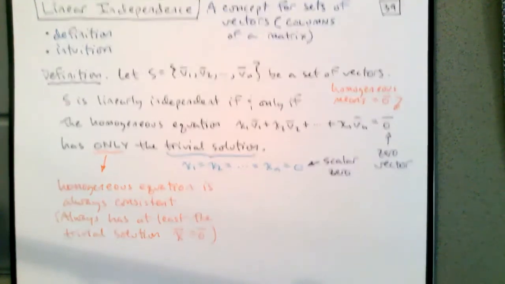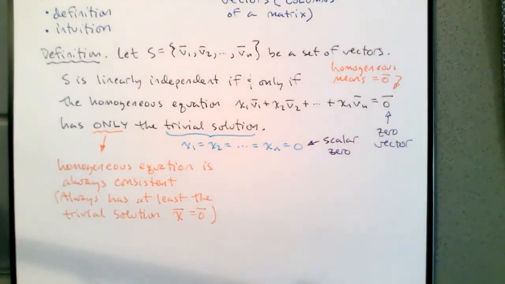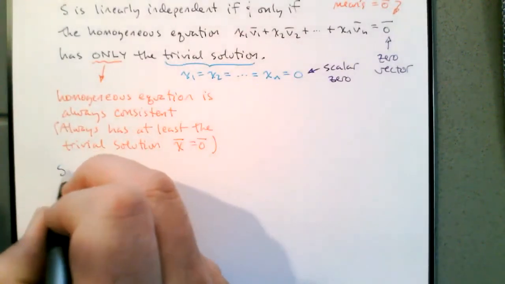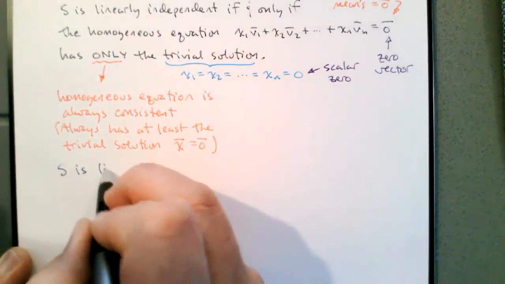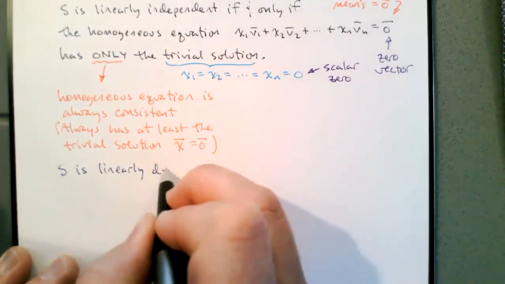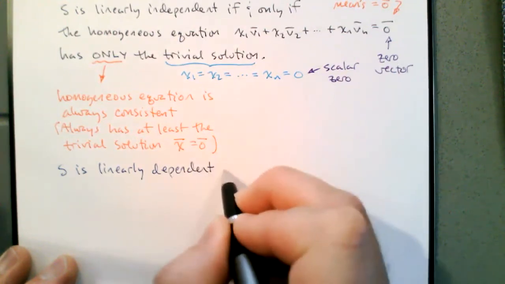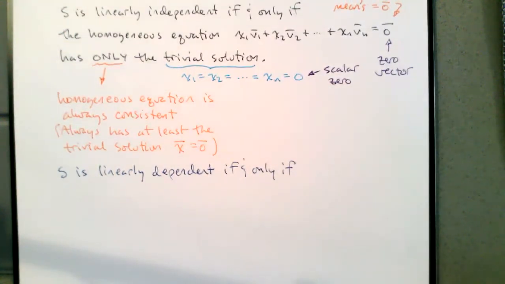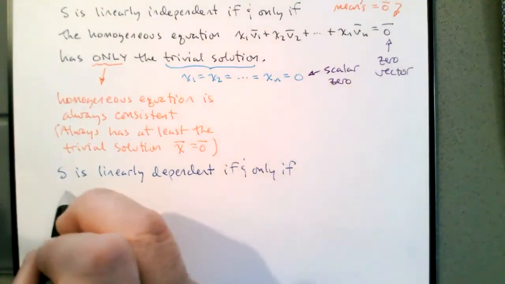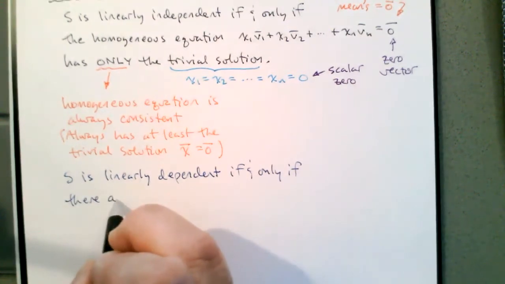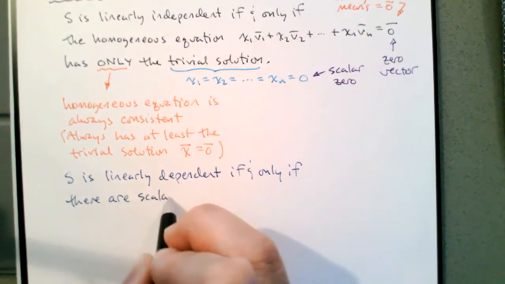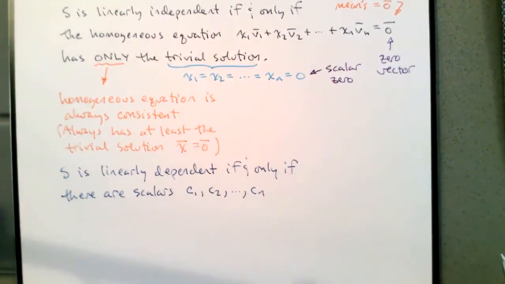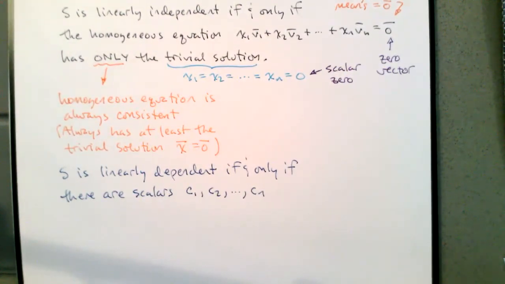So we could also say that S is linearly dependent if and only if, and then here's another way we say this, there exist scalars c1 through cn, not all 0.